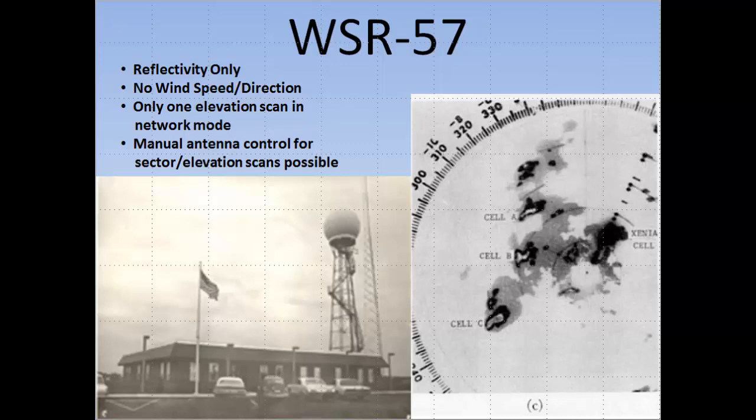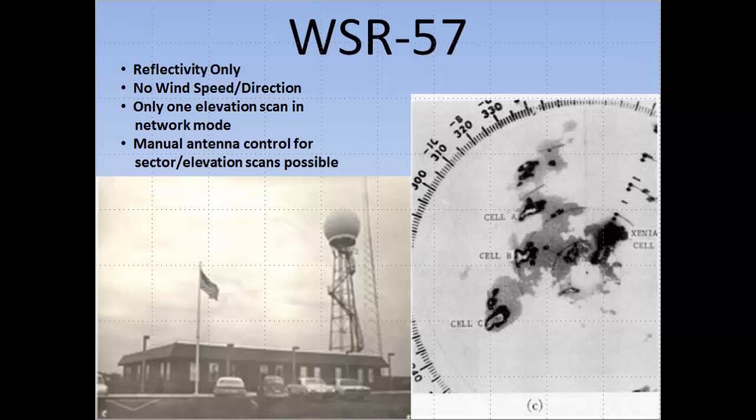This is a little background information on weather radar. The first dedicated weather radar that the National Weather Service fielded was the WSR-57. It was fielded in 1957, therefore the 57 in the name. You could only see reflectivity. There was no wind information at all. There was only one elevation scan when the radar was in network mode, meaning all the radars would be mosaicked together into a national network of radars.